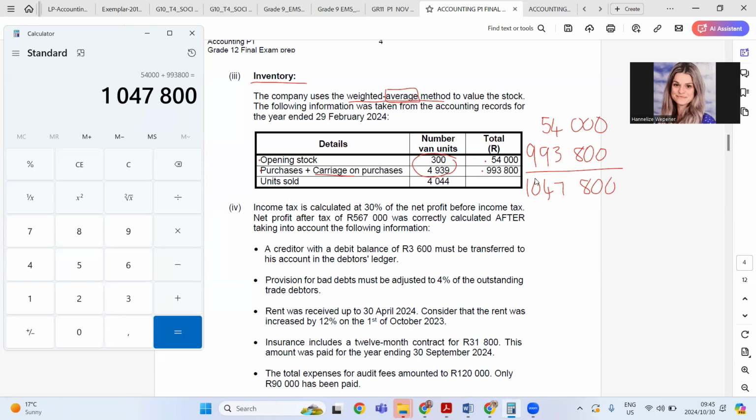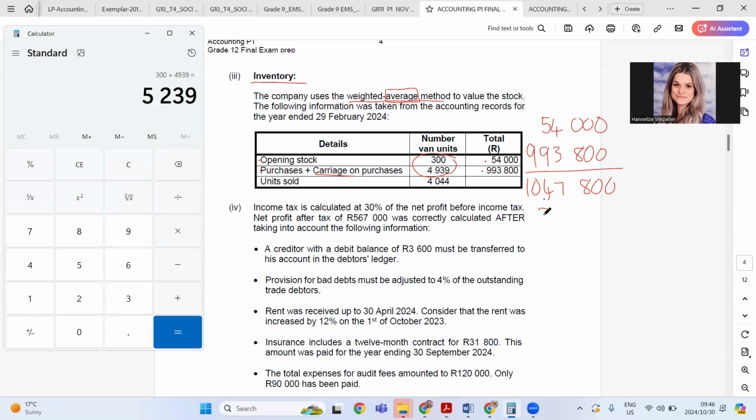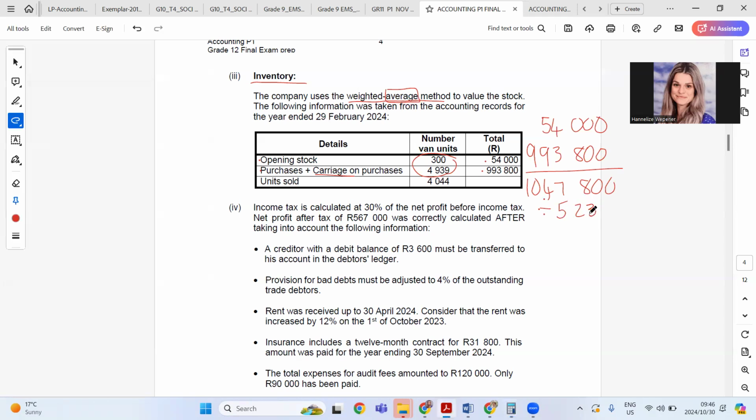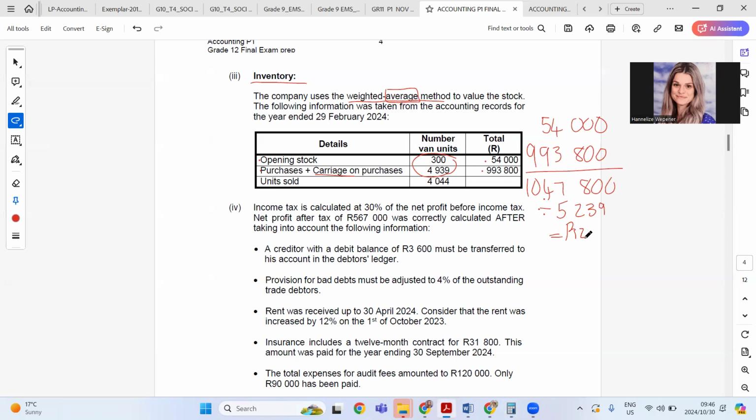And then the total number of units is your 300 that you started with, plus your 4,939 units. So divide your total value by your total number of units: 1,047,800 divided by 5,239 gives your average cost, which is 200 Rand per unit.